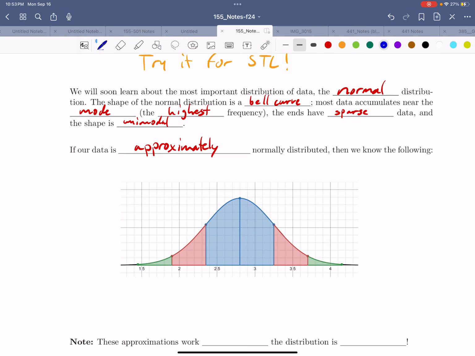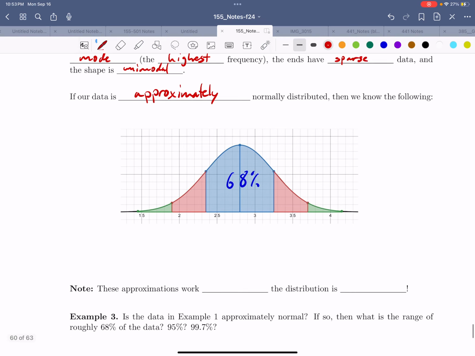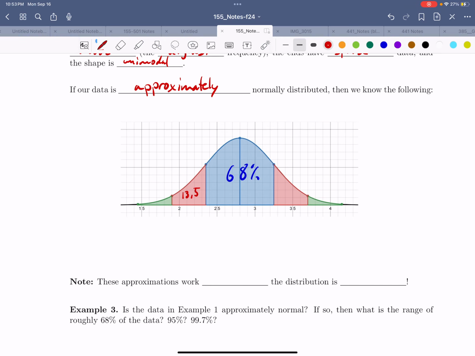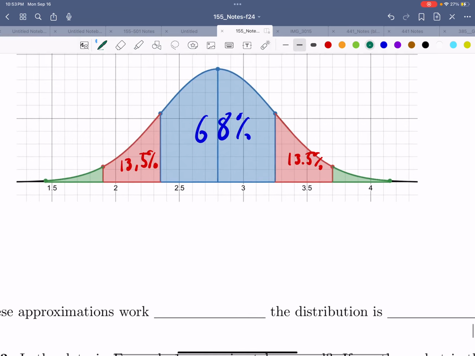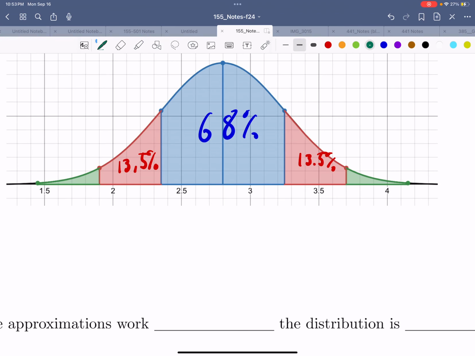So this right here is roughly 68%. These two wind up having 13.5% of the data in them when you do the math out. And then these, let's see, I think it winds up being 2.35%. 99.7, yeah. 2.35% of the data is in there.